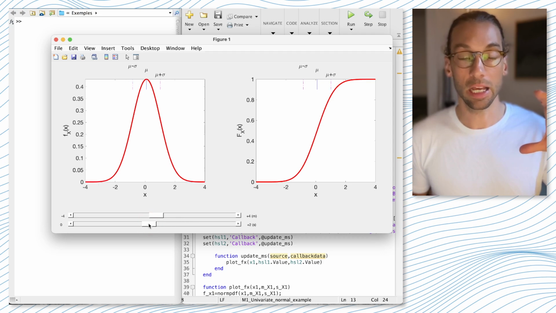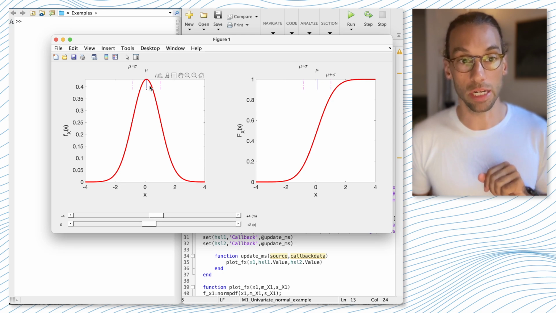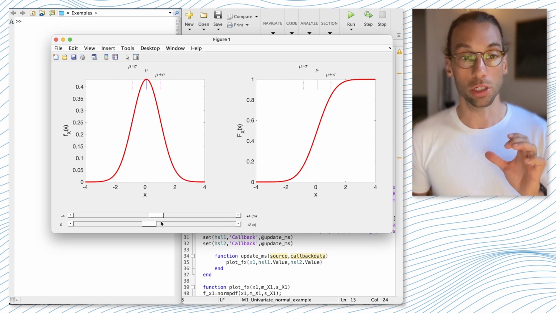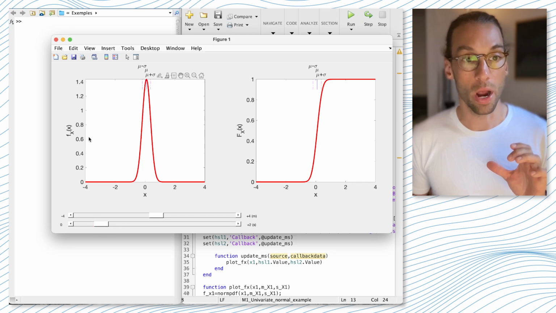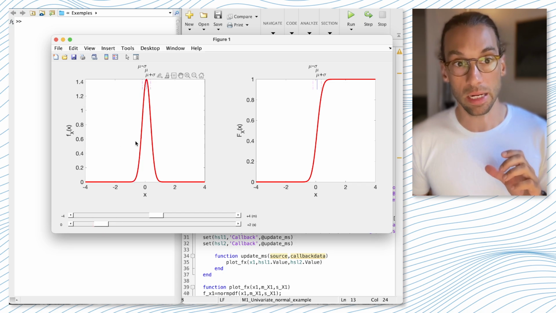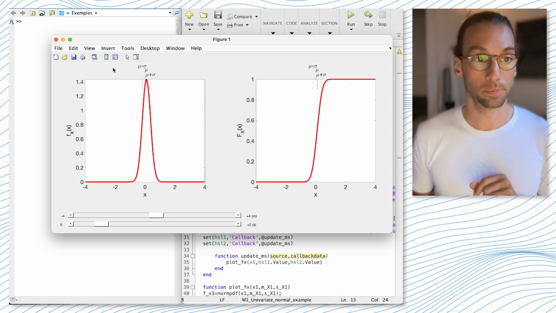But in the end, it must always satisfy the criterion that the integral underneath the curve equals 1. So if I make the standard deviation very small, you're going to see PDF values way above 1, because I must maintain the integral under the curve as a unit.